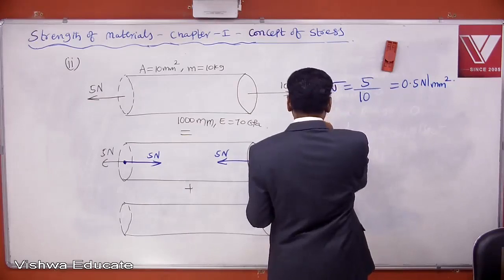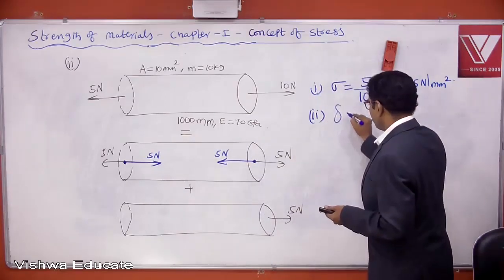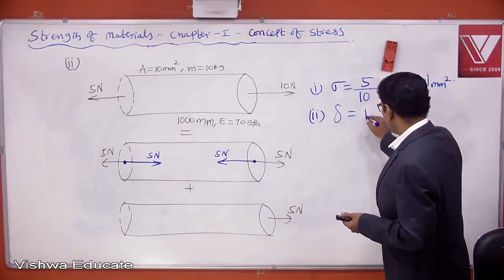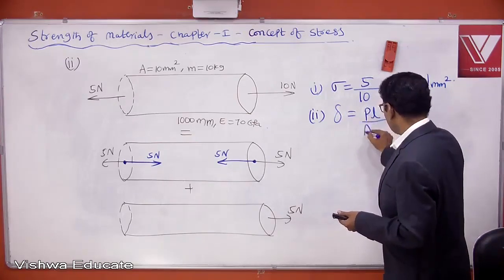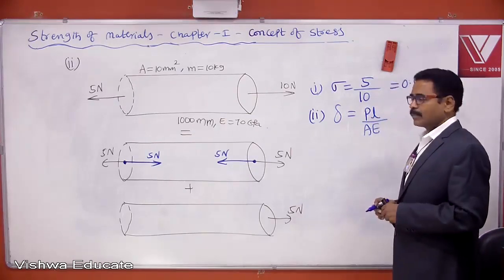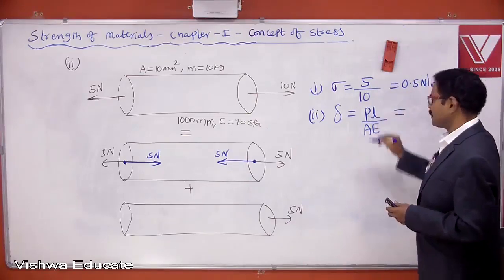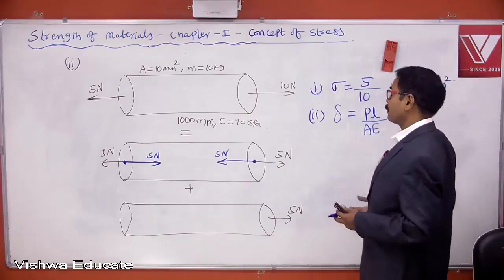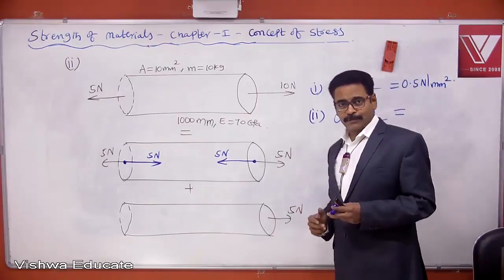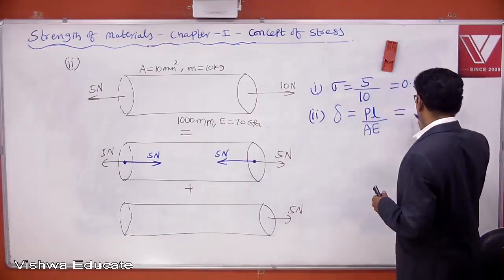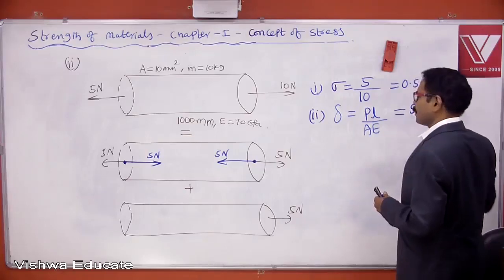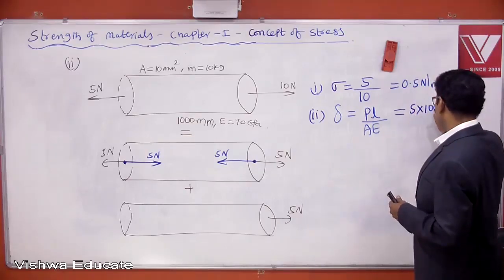Second, let us try to find deformation. Deformation delta is equal to PL by AE. Deformation in bar is given by PL by AE. Here what is P? Is it resisting force or applied force? Resisting force. That means 5 into what is length of the bar? 1000.